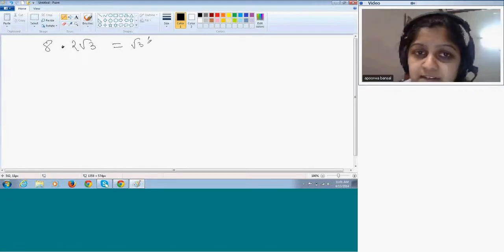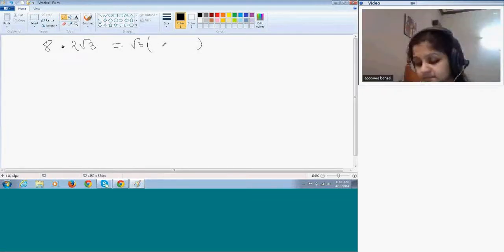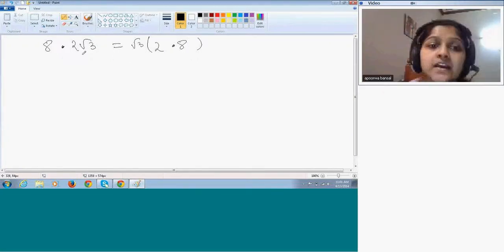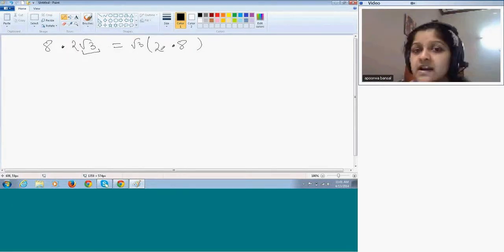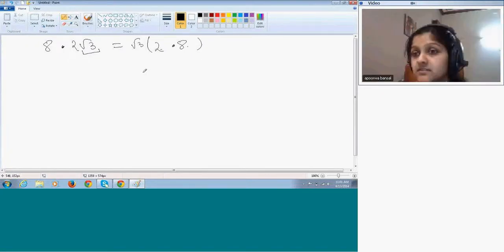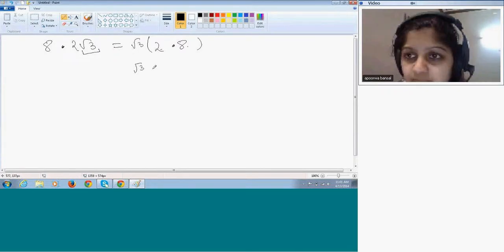That's absolutely correct. Since it is not making a pair, it will be as it is and we multiply the whole numbers. So root 3, right? Yes.